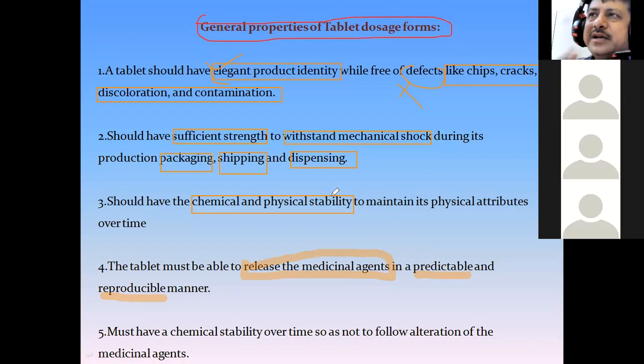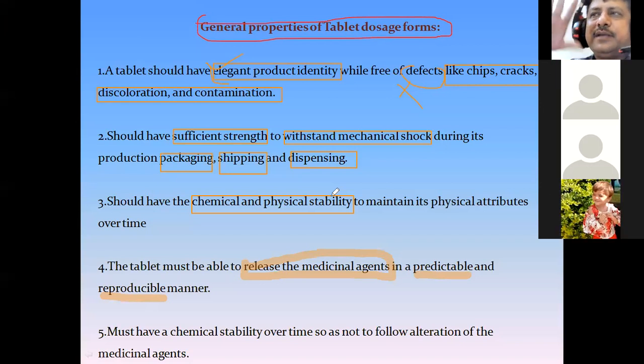My coach is predicting regarding me, but whether I am going to climb this mountain daily, whether it is reproducible or not, that is also very important. Same thing in terms of drug: it's not only that it should reach the site one time. If you prepare a tablet, you should be in a position to predict where it is going, and it should also be in a reproducible manner.